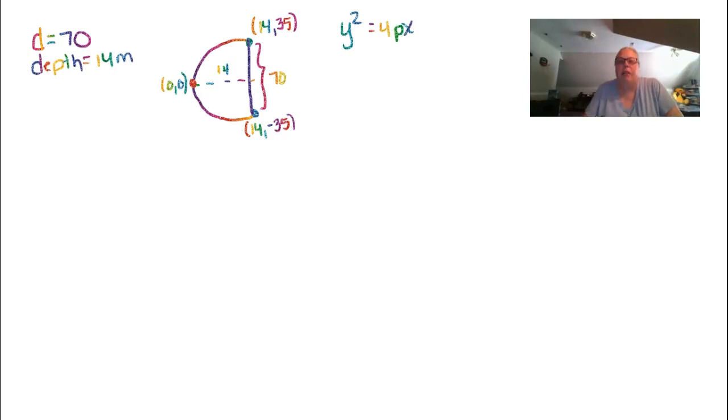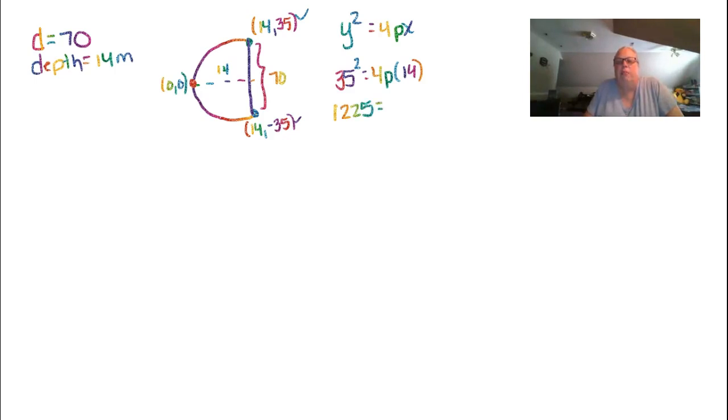Now, I already have 3 points that are located on this. Now, I can't use 0, 0 because we knew that one was the center there, but I can use either one of these two to help me figure out what p is. So I'm just going to use the first one there. We'll fill in the 35 for y. p is what we're looking for, and I'll fill in that 14 for x. All right, and we'll put this in the calculator. 35 squared gives me 1225.